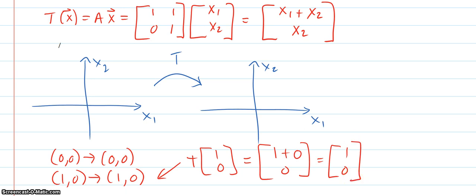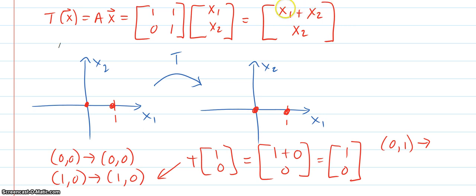Looking at those two points, I have 0, 0 here, that's going to 0, 0. And 1, 0, let's make this a 1, that point is going to the same point there. Okay, so now let me try 0, 1. That means x2 is 1. That goes to something totally different.